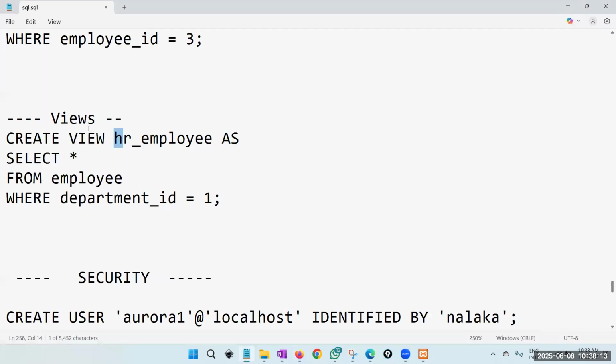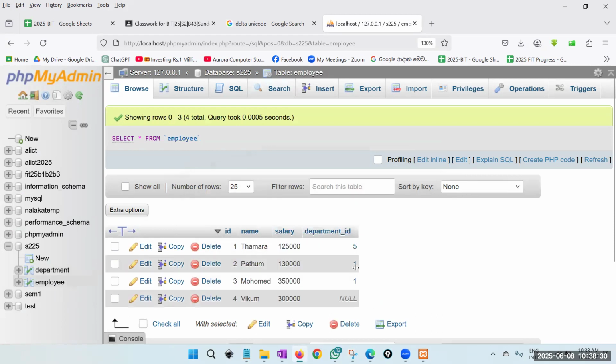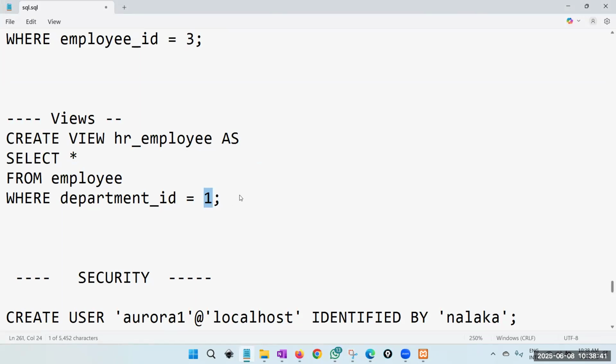So let's call this HR employee. Select all from employee where department ID is one. Department ID one means HR employees, because department ID one is HR. And some of our employees have department ID one. That means our view will have only these two records, Fatum and Mohammed. That is how you do it.